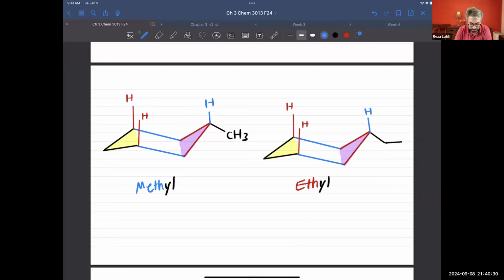So this one will be the ethyl. That was the methyl group, and both ethyl and methyl are in equatorial position.